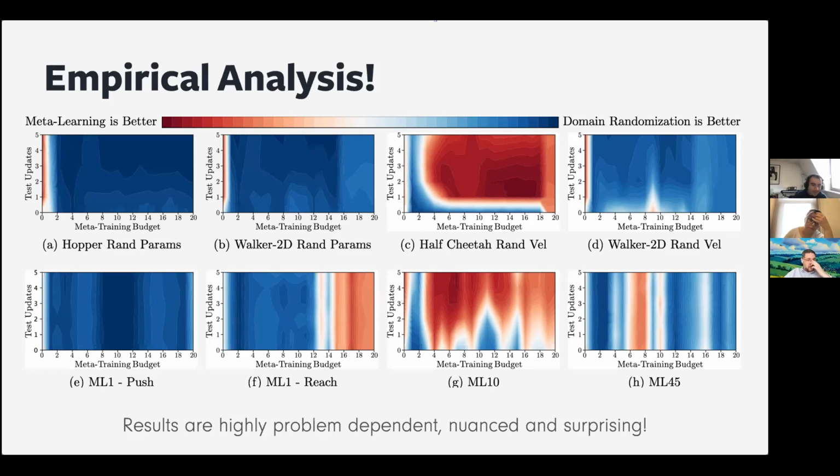The fact that there is some separation between DRS and MAML, and that you need really high sample complexity, is not that surprising. But I think the most surprising part is that these problems, from a reinforcement learning perspective, are not that different from each other, but the behavior is significantly different. And maybe the most worrying is that in the literature people just choose a single n and single m value and report results.